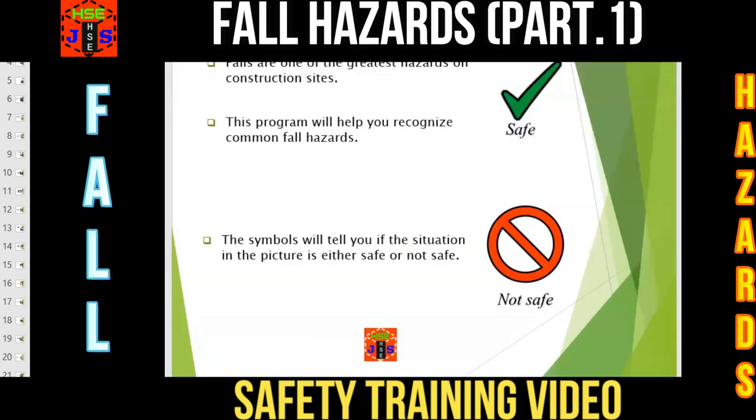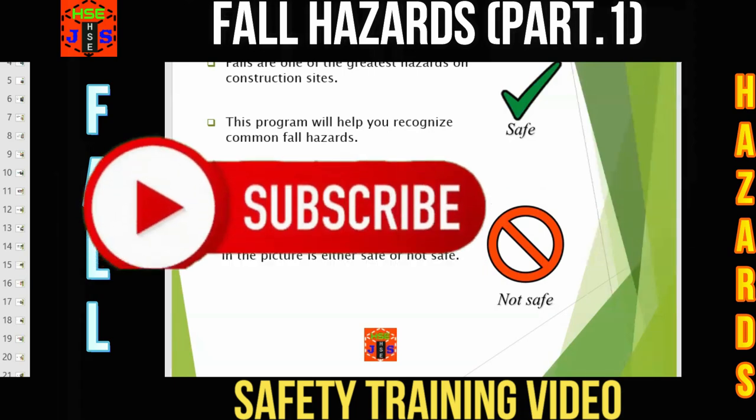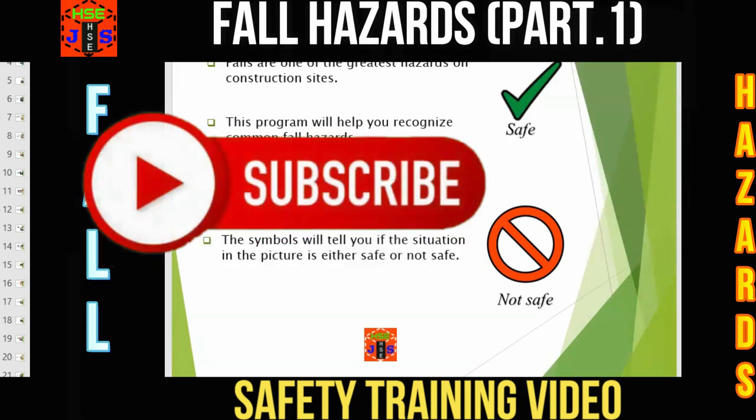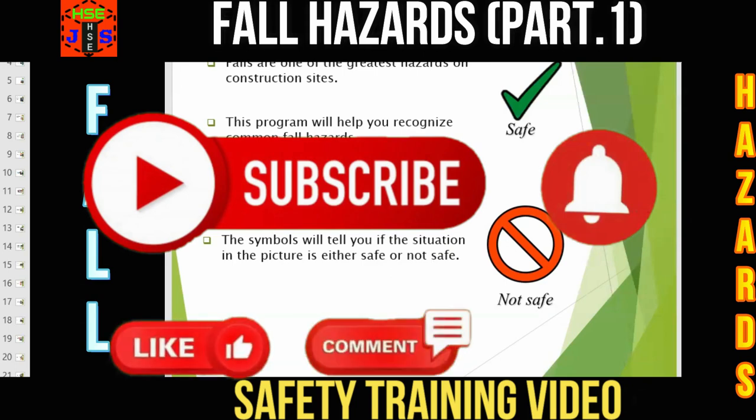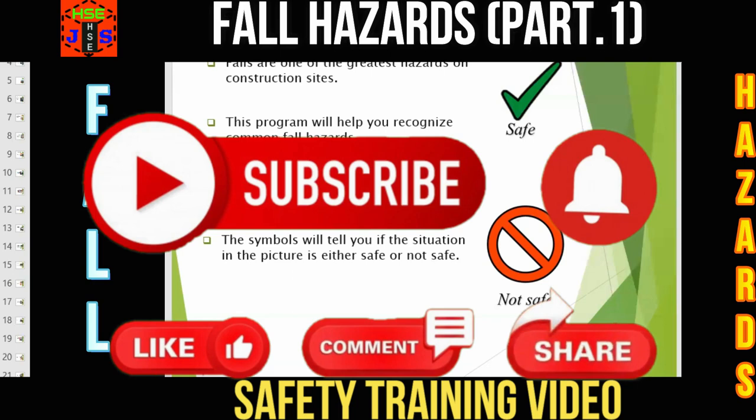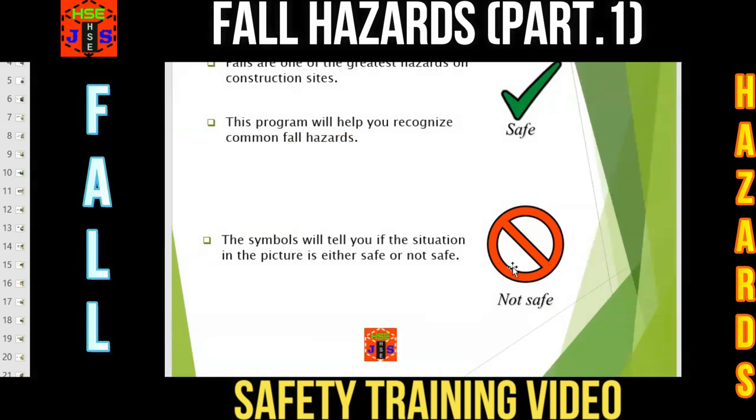As you know, falls are one of the greatest hazards on construction sites. This training session will help you to recognize common fall hazards. The symbols will tell you if the situation in the picture is either safe or not safe.